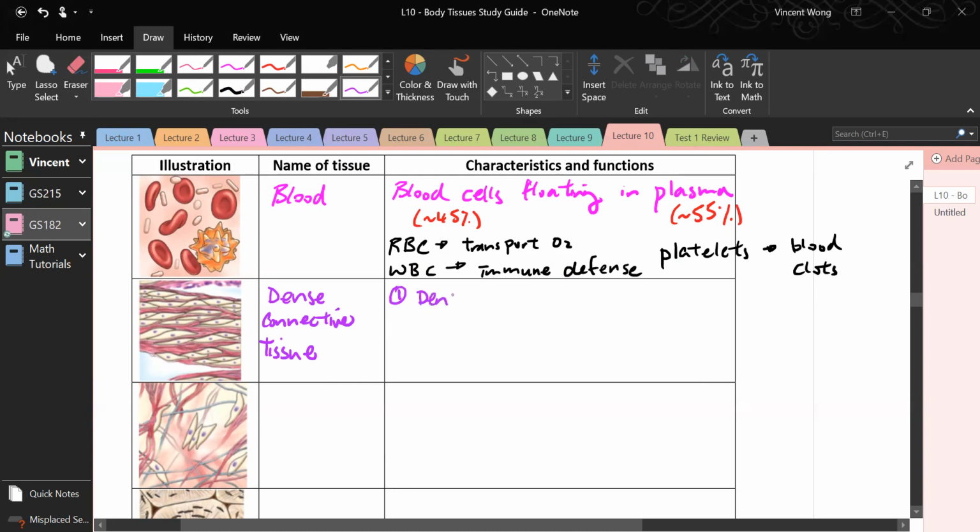The first one is dense regular, and you would find them in things like tendons and ligaments. They are very organized. The fibers are arranged parallel to each other.